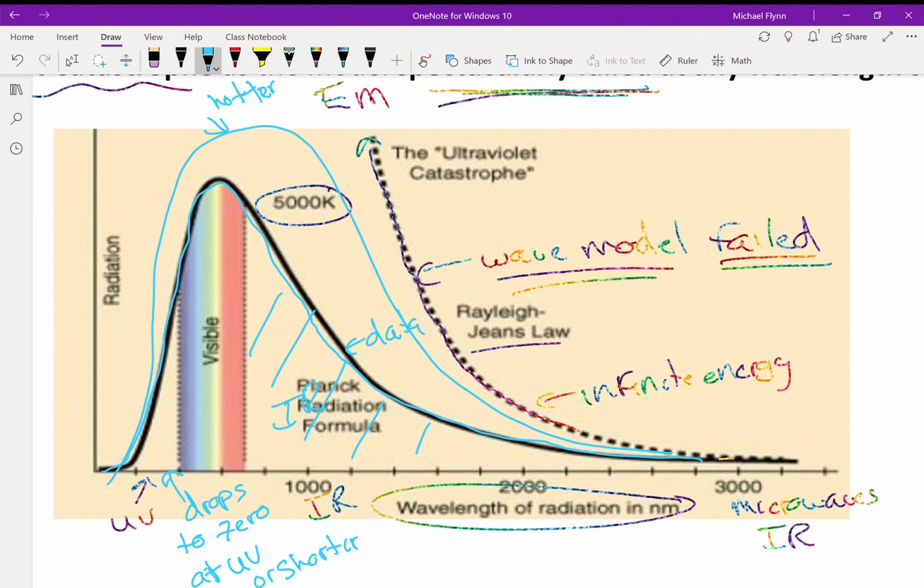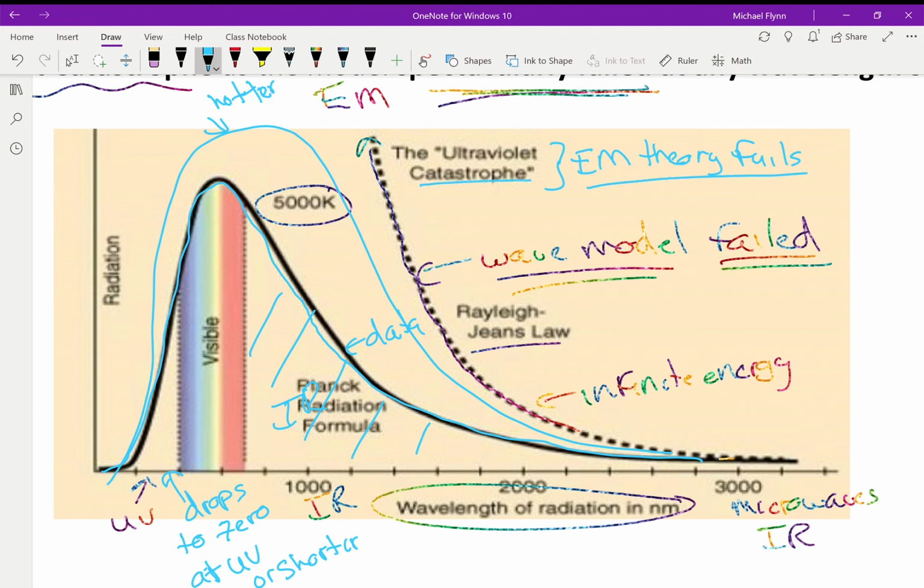Now they considered this a catastrophe for the EM theory. Why is it a catastrophe? Because the EM theory fails. That's why it's a catastrophe.